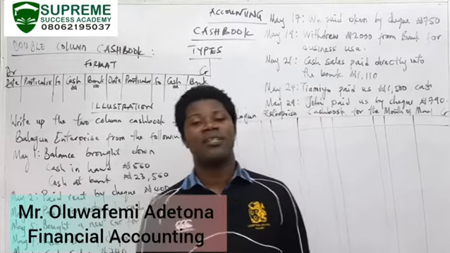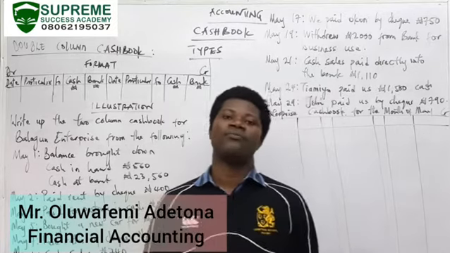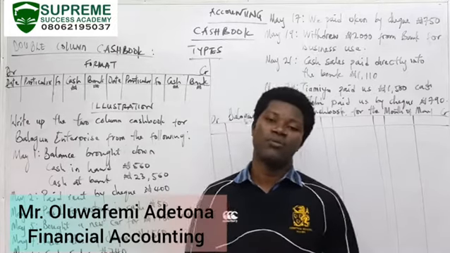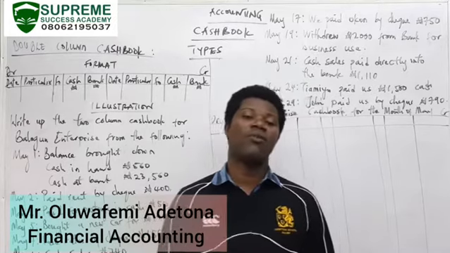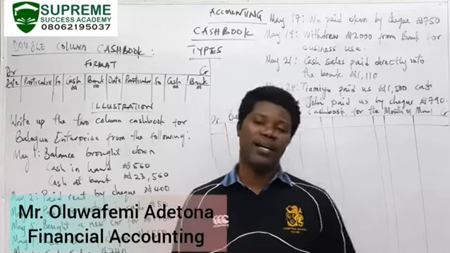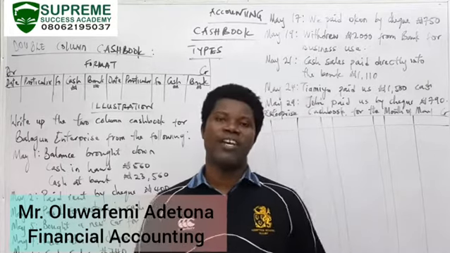Today we'll continue in our discourse on types of cash book. In our previous class, we looked at the single column cash book, where it records only either the cash or the bank and not the two together.